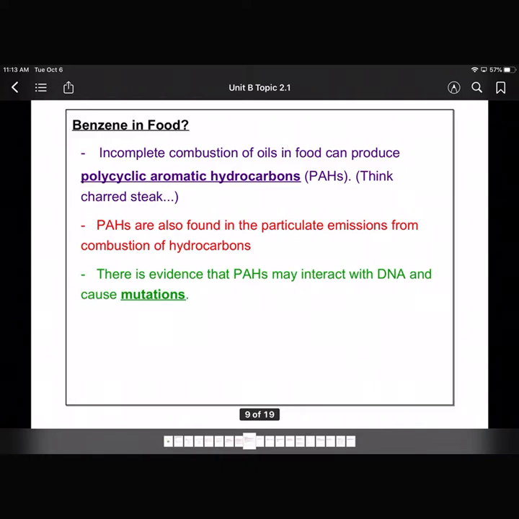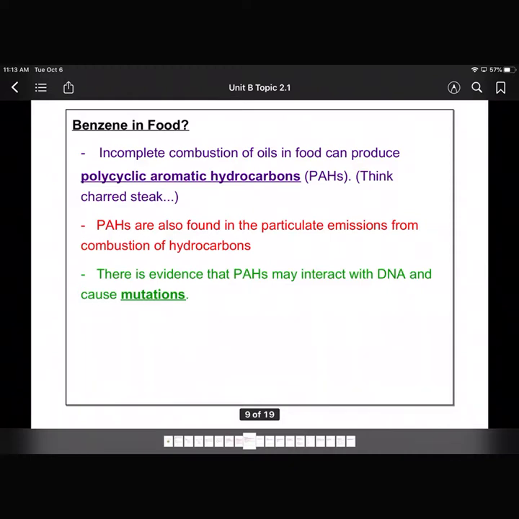That's an aromatic, it's creating benzenes in your food, so don't burn your stuff. That's what I'm saying. Okay? But cook it long enough so there's no bacteria in your steak. PAHs, polycyclic aromatic hydrocarbons, are also found in particulate emissions from combustion of hydrocarbons.